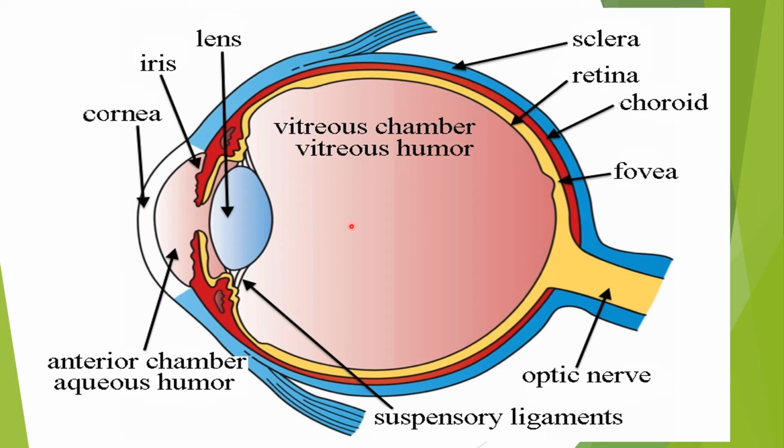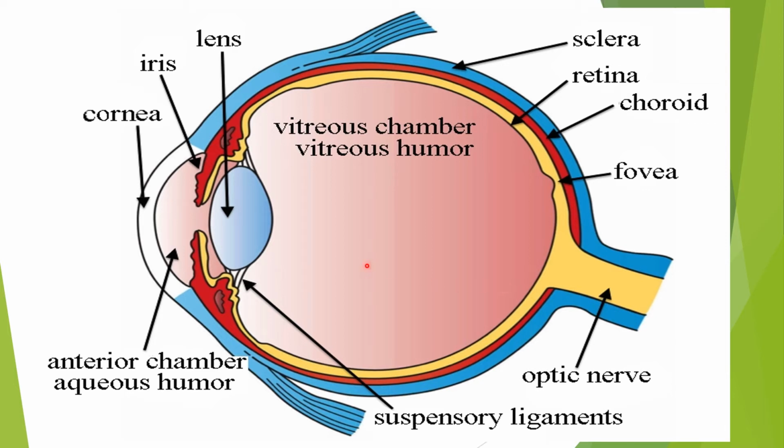Now the vitreous humor filling up the vitreous chamber is jelly-like in nature. So it not only maintains the shape of the eyeball, it also protects the retina and its nerve endings. Besides that, it also acts as a refracting medium.